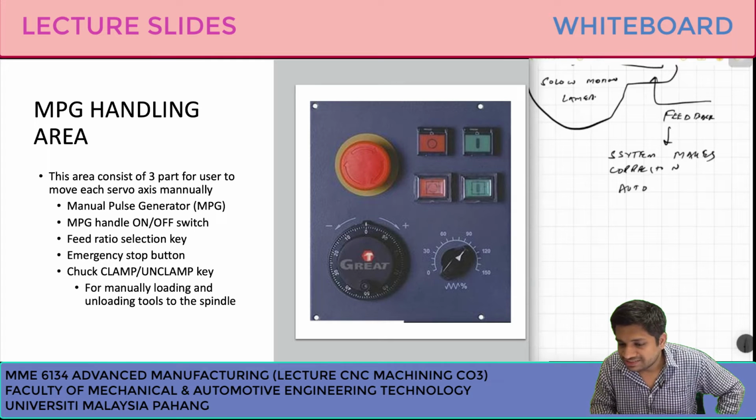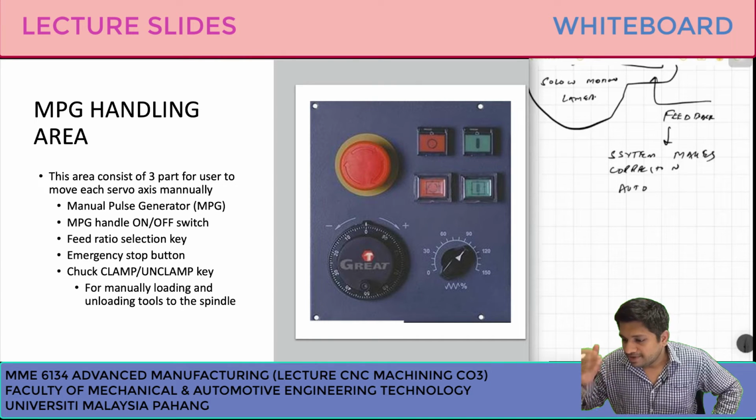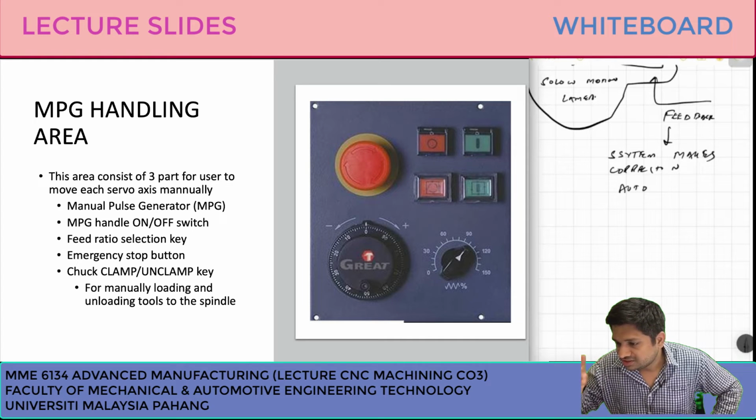So this area basically consists of 3 parts for user to move each servo axis manually. Manual pulse generator is basically that you can move the machine manually within certain steps, or in slow or lesser amount of steps. So if you want to do manual override, then you can use this area. You can do emergency stop in this area.